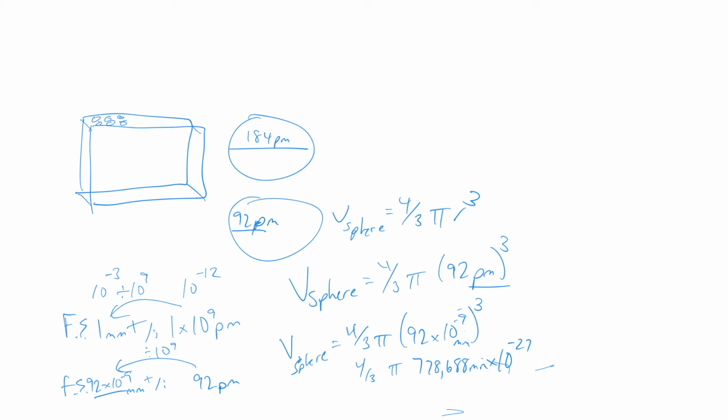We said that it was 3.26 times 10 to the negative 21st millimeters cubed. And that's how much space each one of these little tiny aluminum atoms take up. That's why we say they're really tiny. We can't really think about them that way.